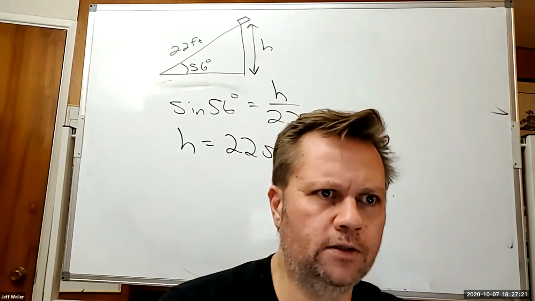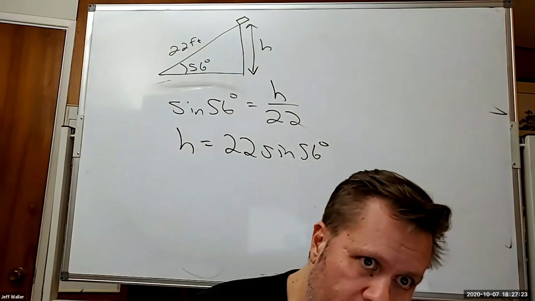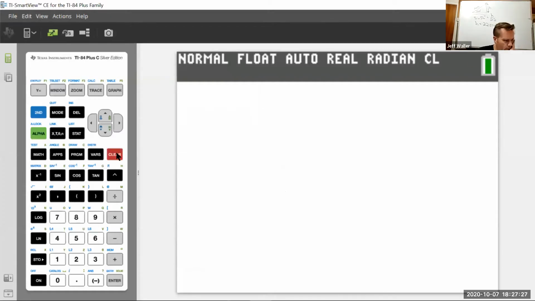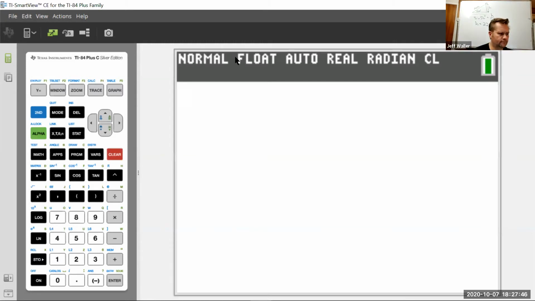So I am going to put that into the calculator, but I want to show you what to be careful about. The calculator has to be set in the correct mode. Do you guys notice a word at the top of my screen that relates to what we're talking about right now? Isn't it mode?